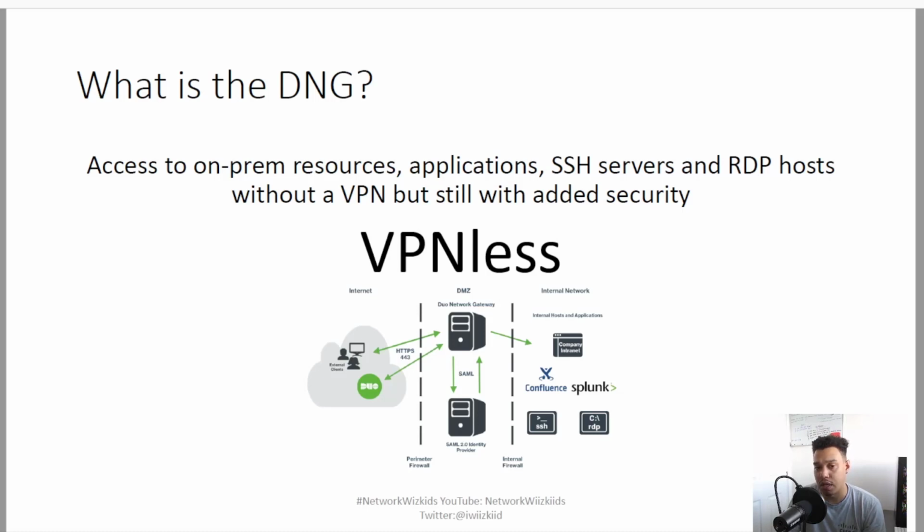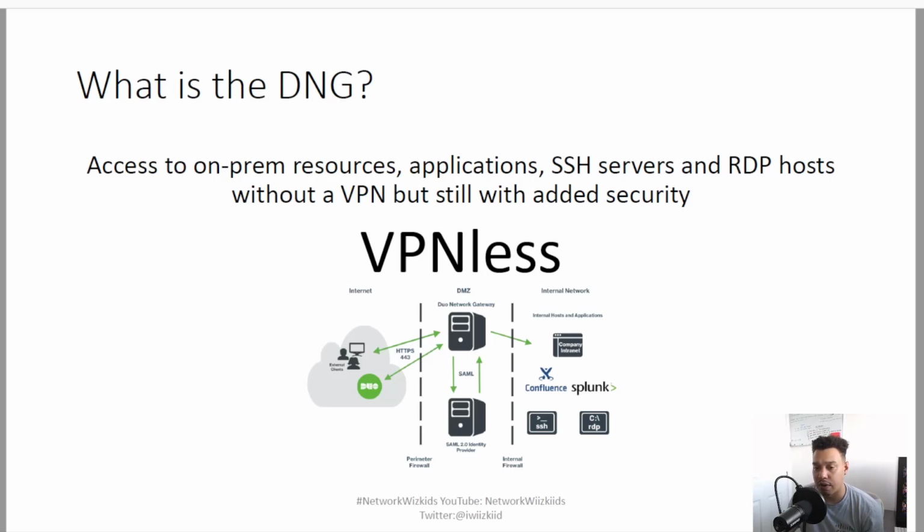It's similar to a reverse proxy in essence, whereby it will provide access to on-premise resources, applications, SSL servers and RDP hosts without a VPN, but still with the added security.